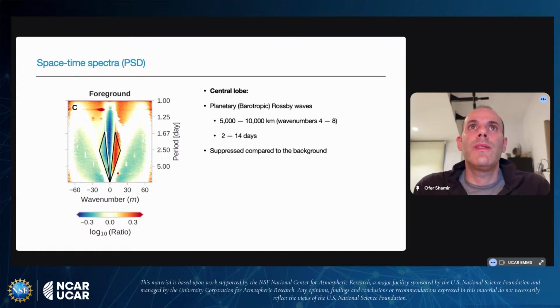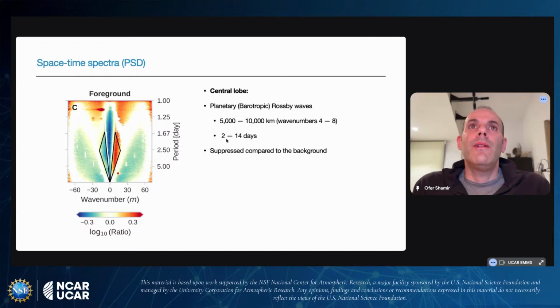Next, if we look at the central lobe, then based on the scales, it's most consistent with planetary or barotropic Rossby waves, with scales of between 5,000 and 10,000 kilometers, or wave numbers of between 4 and 8. Note again that the wave numbers on the abscissa here span the full range of wave numbers. So here we get about 8.